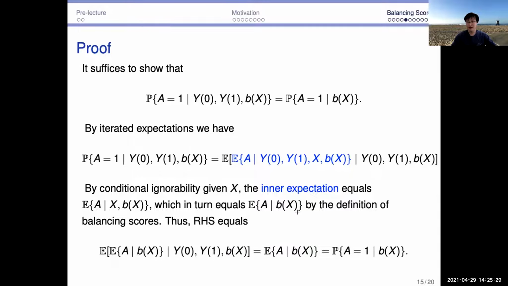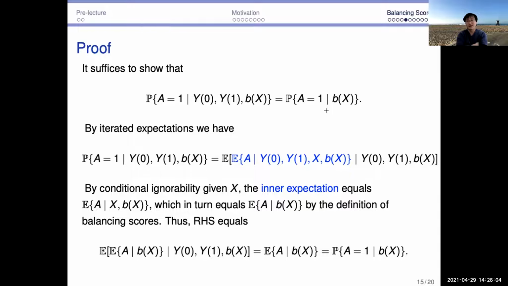Therefore, the right-hand side becomes this iterated expectation, but the inside is only conditional on B of X. Because this conditional expectation is a function of B of X, and on the outside we are conditioning on B of X, we can pull it out, in other words, it is a constant with respect to this conditioning set. So we get it outside the expectation, which becomes this, and this is the right-hand side.